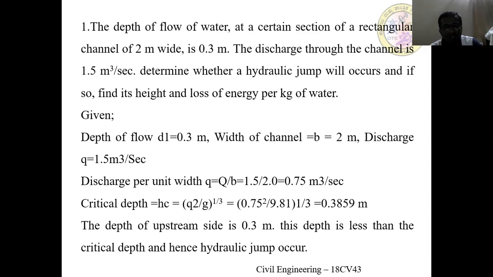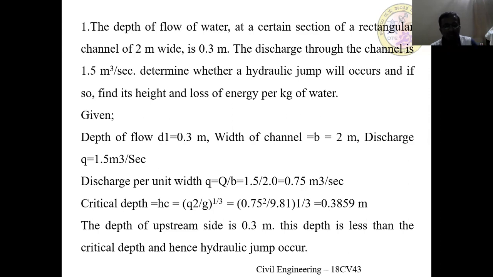meter. This means Hc is greater than Y1 or D1. D1 is 0.3 and Hc is 0.3859, so D1 is less than Yc, the critical depth. Therefore, a hydraulic jump may occur.